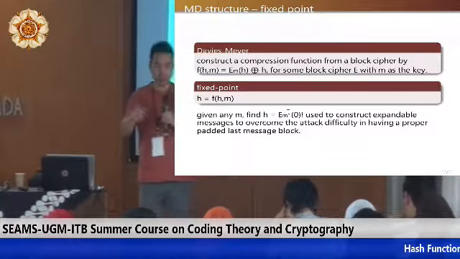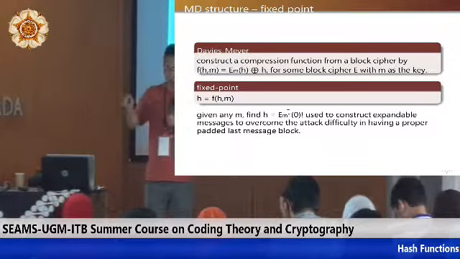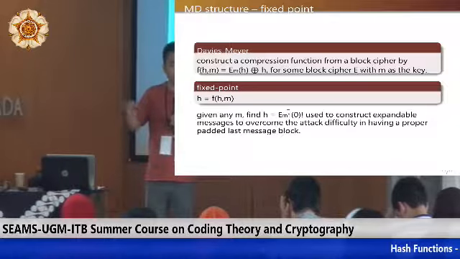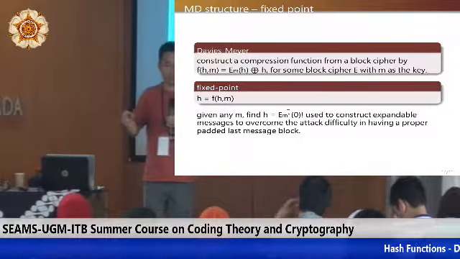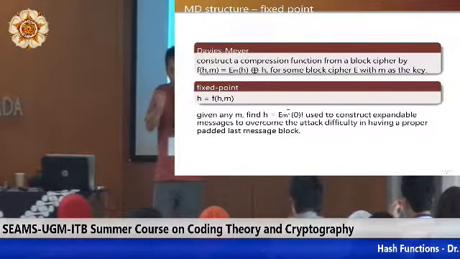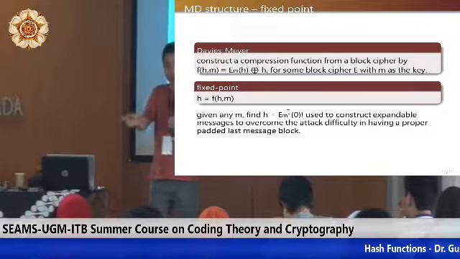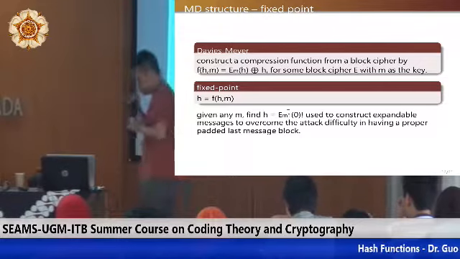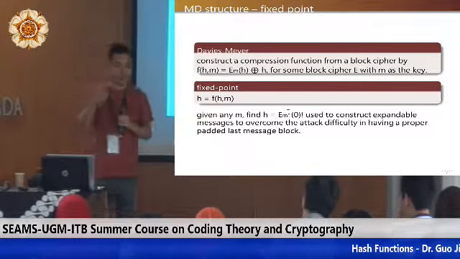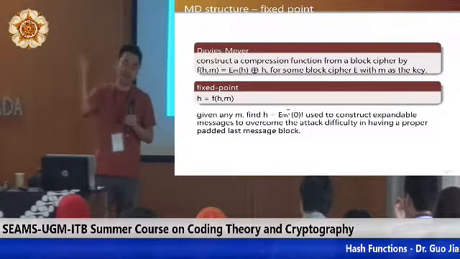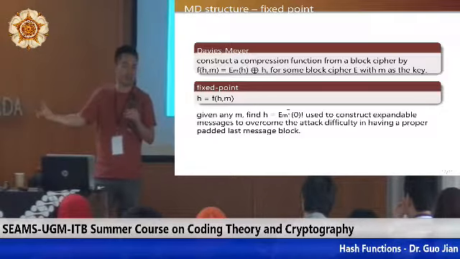Imagine in a hash function, no matter how many times you process the message, the chaining value doesn't update. Meaning, with or without that message block, the output is the same. That's a serious problem because just imagine in some documents you can just remove one block and the digest is the same.